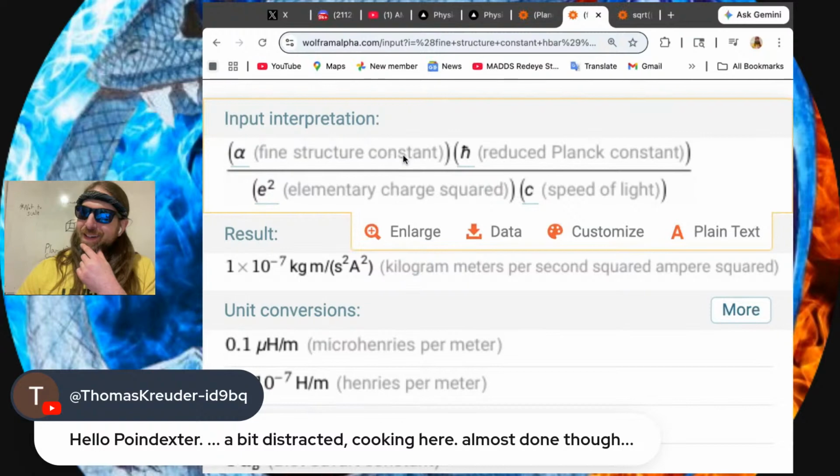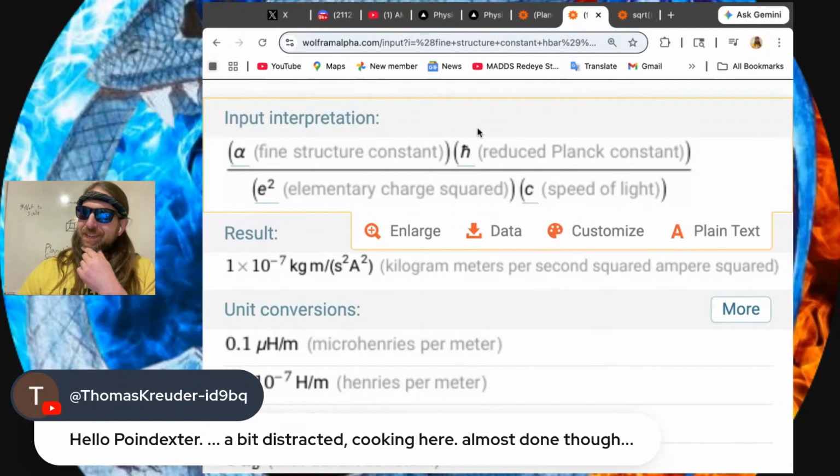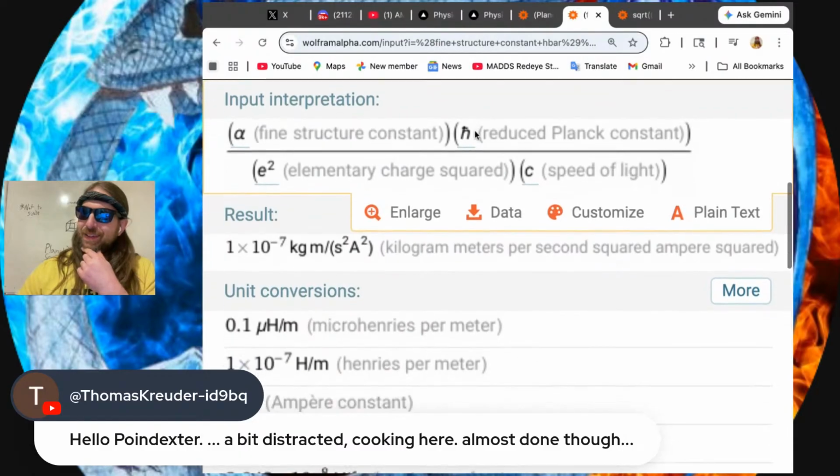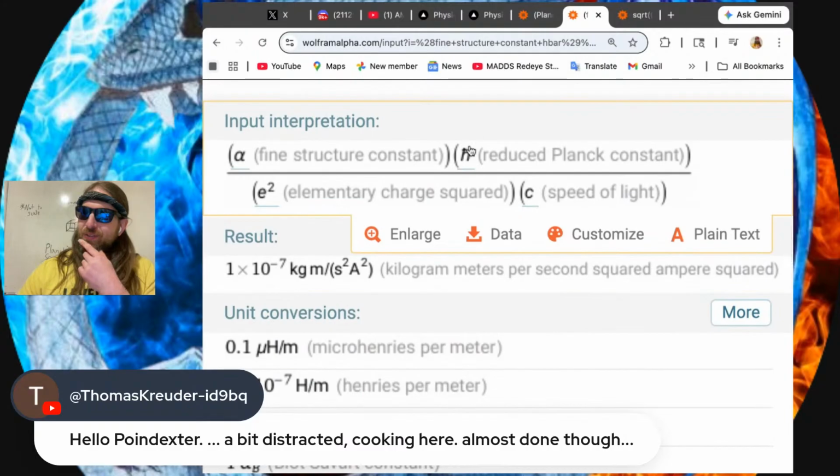So if we take the alpha of the elementary unit of action, we divide it by the elementary unit of charge times the speed of light. We got mass. Okay, because that's got mass. The speed of light is taking off 1 dimension of length there.